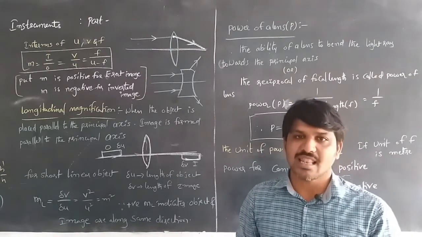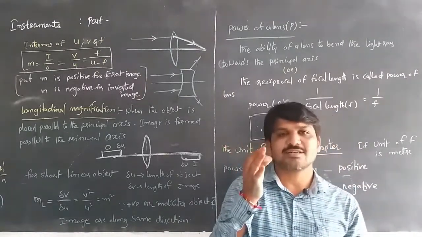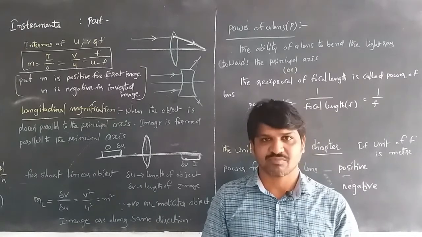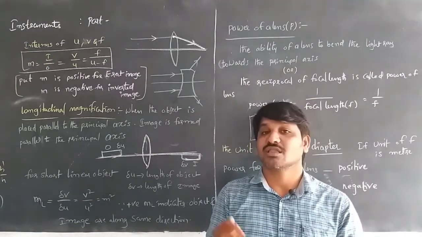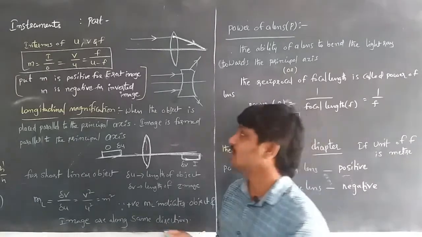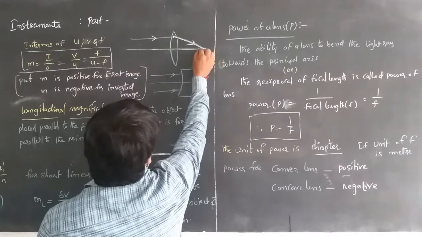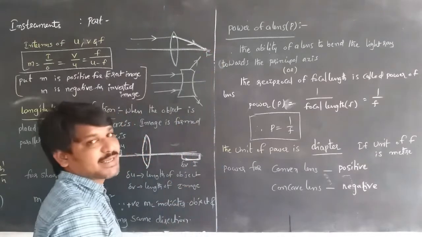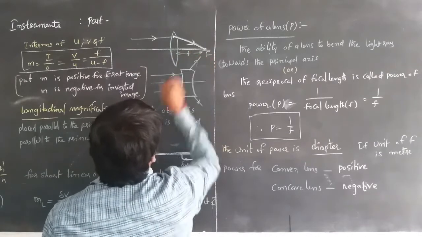Also, simply we can say that the power is the reciprocal of focal length. If the power is more, the focal length will be less. Whenever light is incident parallel to the principal axis, it converges at the principal focus, and that distance is called the focal length f.